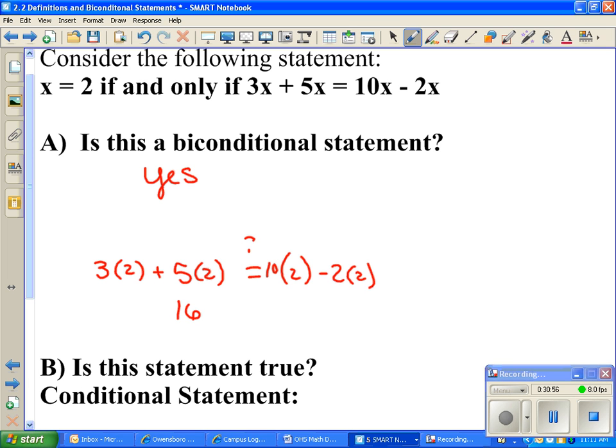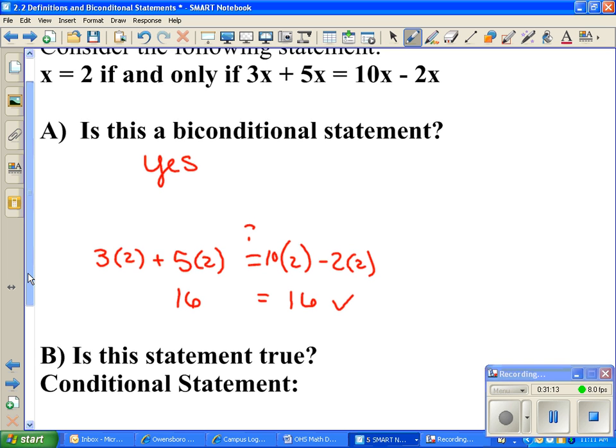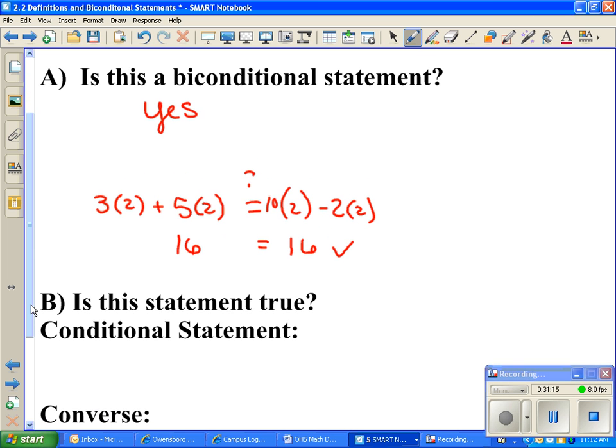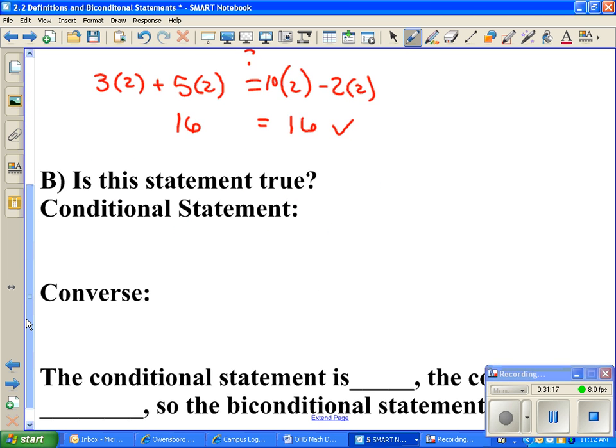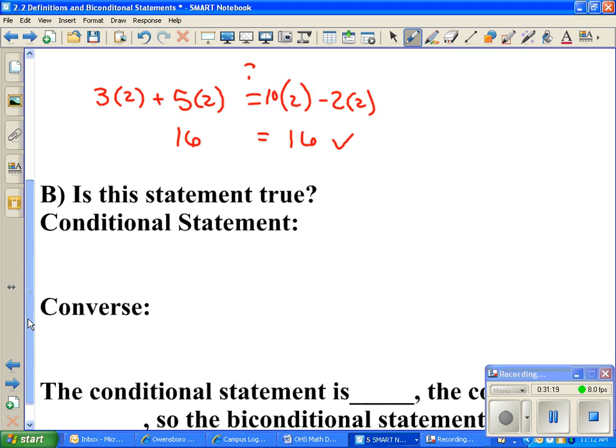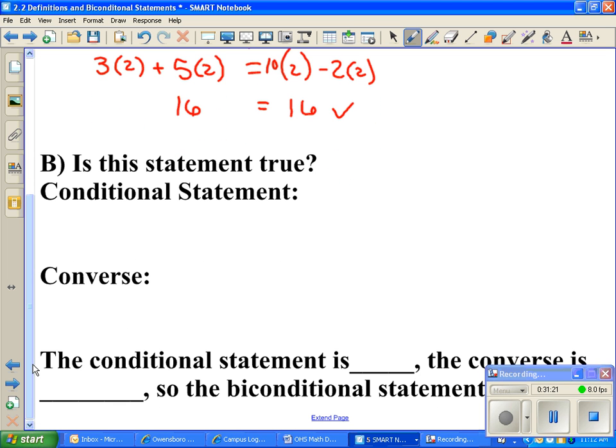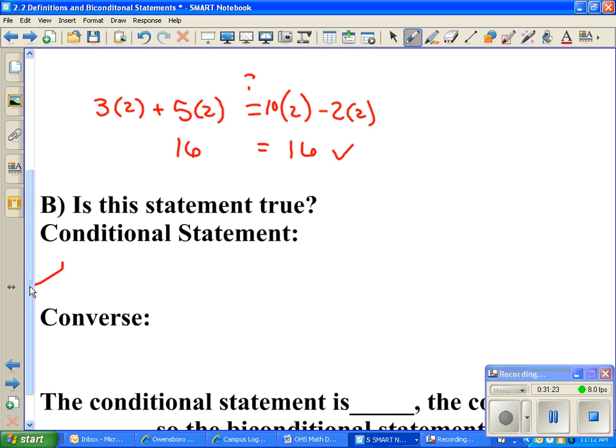And 10 times 2 is 20, 20 minus 4 is 16. So the first way is true. But now we have to check the back way. I just did the conditional statement, and it's true.